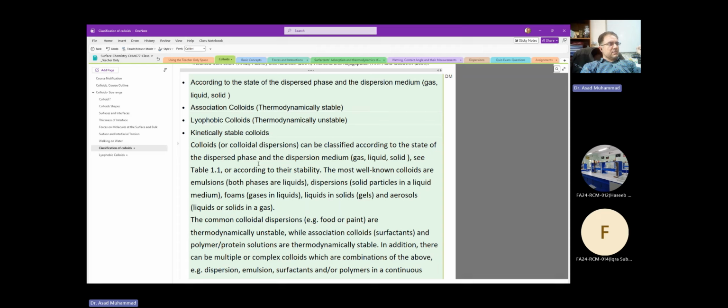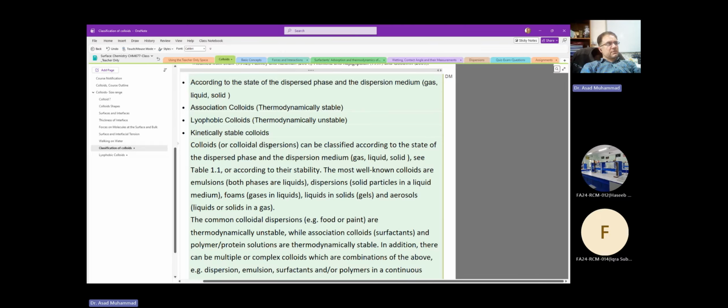Faraday's gold colloid dispersion is stable for more than 100 years. So technically, it is not that stable compared to other stable colloids, but you see that there are ways in which kinetically stable colloids also remain stable for a very long time, and that can be achieved.